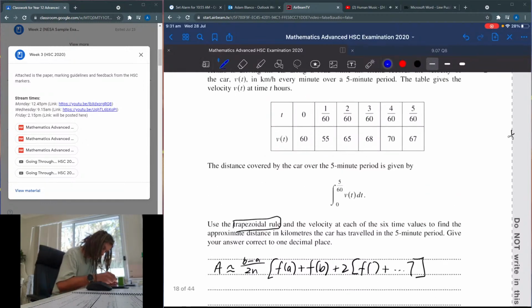So for us, that's a, that's f of a, that's b, that's f of b, so they're the bounds. N is how many gaps I've got, so 1, 2, 3, 4, 5. I've got 5.